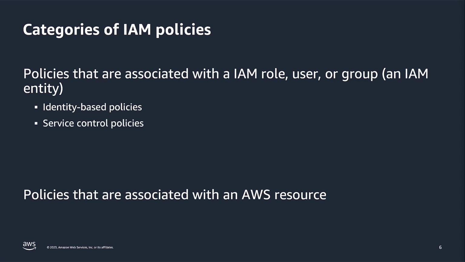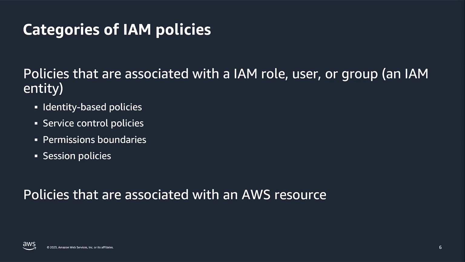There are service control policies, which are policies that typically contain broad guardrails and are used with AWS organizations across many accounts. And we have permission boundaries, which are an advanced policy feature that is typically used to delegate the creation of IAM entities. We also have session policies. Session policies are policies that are applied to an individual session when you assume an IAM role.